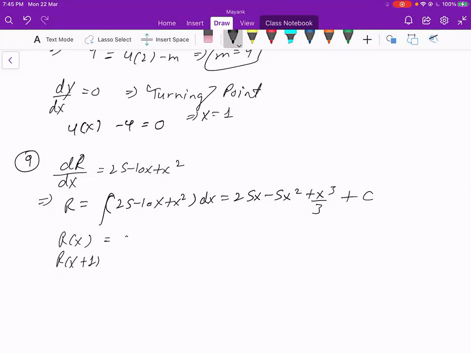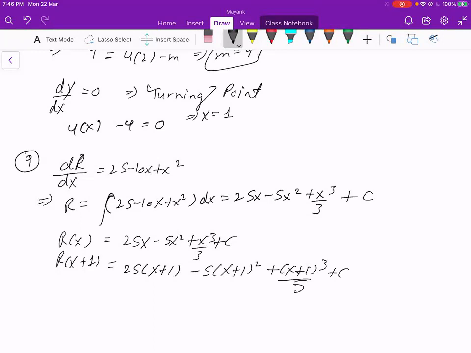R(x) is equal to 25x minus 5x squared plus x cubed upon 3 plus c. And R(x+1) will be 25(x+1) minus 5(x+1) whole squared plus (x+1) whole cubed upon 3 plus c.